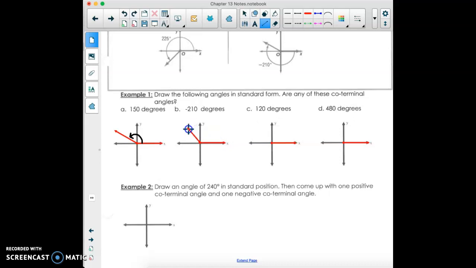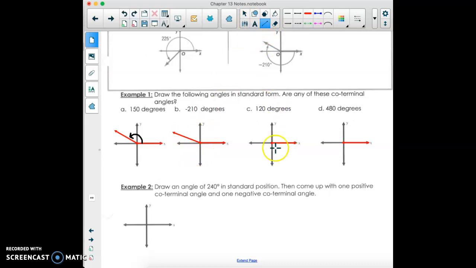Like if I went up this way, 210 degrees would be right here. I'm not just going to say, oh, that's where 210 is and here's where it's negative. That's not how this works. I'm going to start my measurement at this side and go 90, 180, 210. I measured in the negative direction.